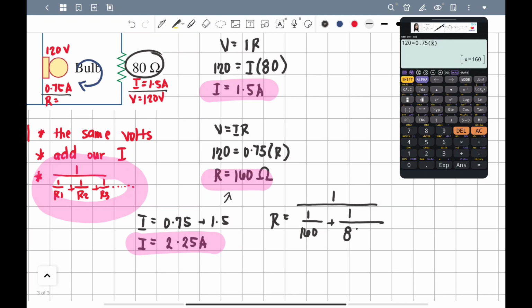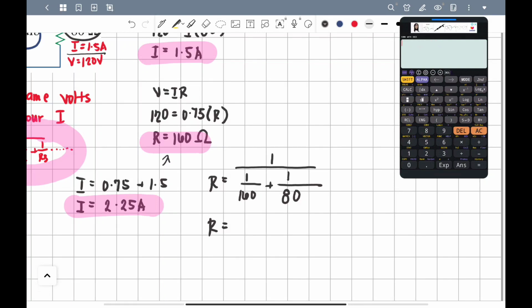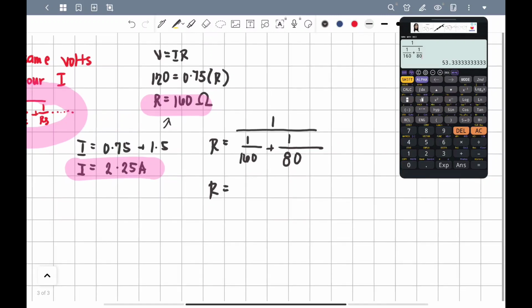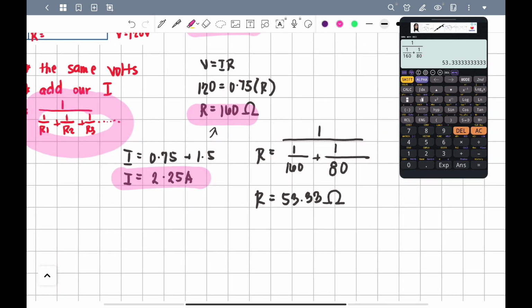Using our calculator again, we have 1 over 160 plus 1 over 80. We have 53.33 ohms.